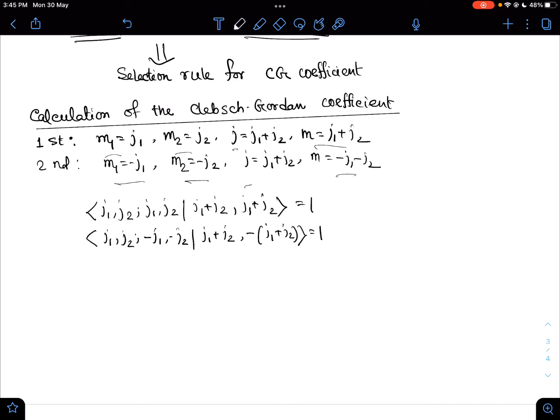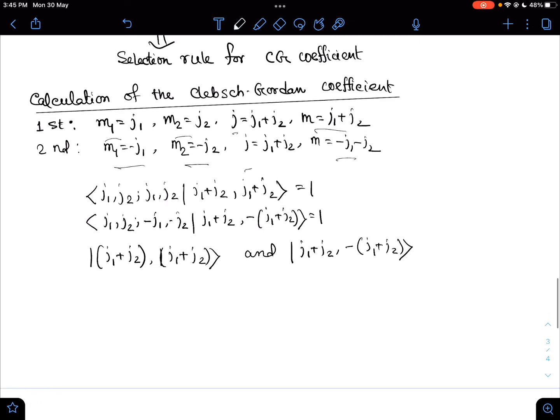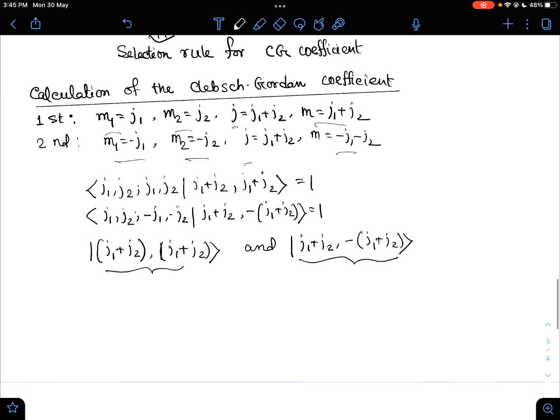Why? Because the states |J1, J2; J1 plus J2, J1 plus J2> and |J1, J2; J1 plus J2, minus (J1 plus J2)> have only one element each.